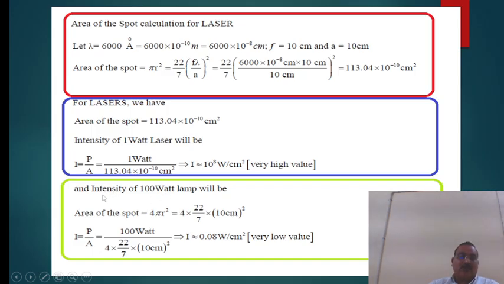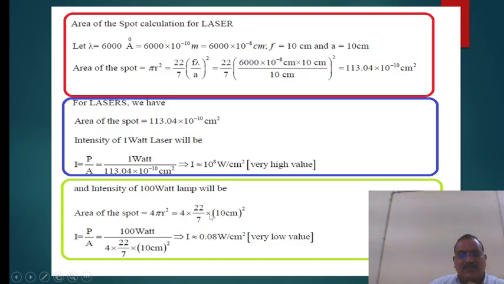But if I use the same process for a 100 watt lamp, the area of the spot will be 4 pi r square. And this is for the bulb we are using in our houses, our homes.